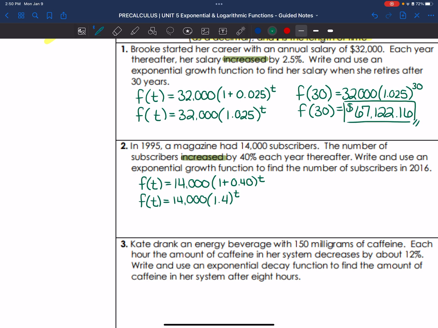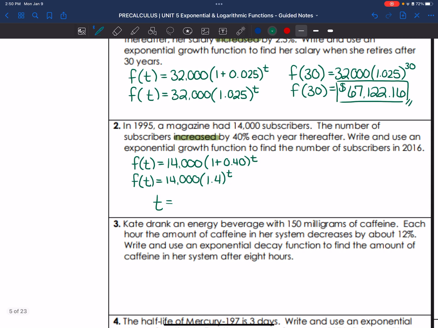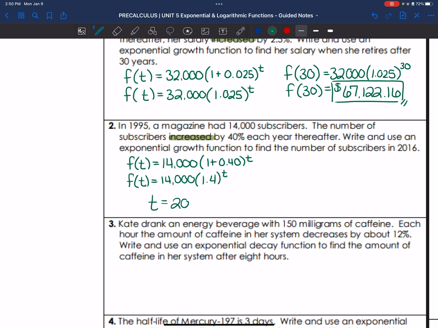Now we want to know, what will our number of subscribers be in the year 2016? But that does not mean that we're going to type in 2016. No. To find the appropriate t, we need to see how much time has passed there. So we need to take 2016 and subtract 1995 from that to see how much time has actually passed. How many years is that? That is 21. So we are looking not to find this at an input of 2016.